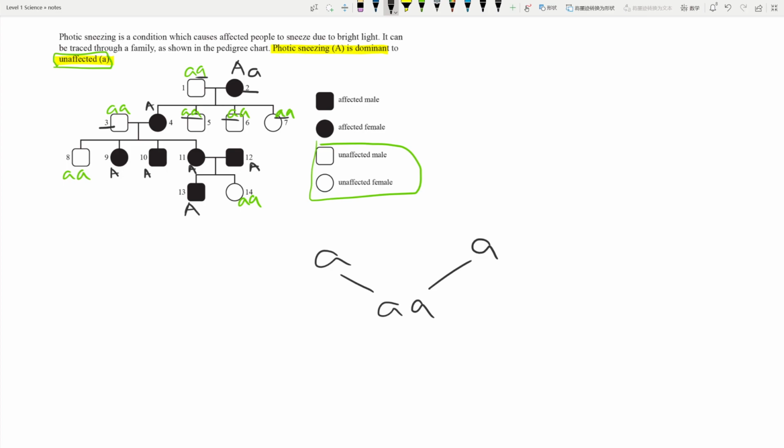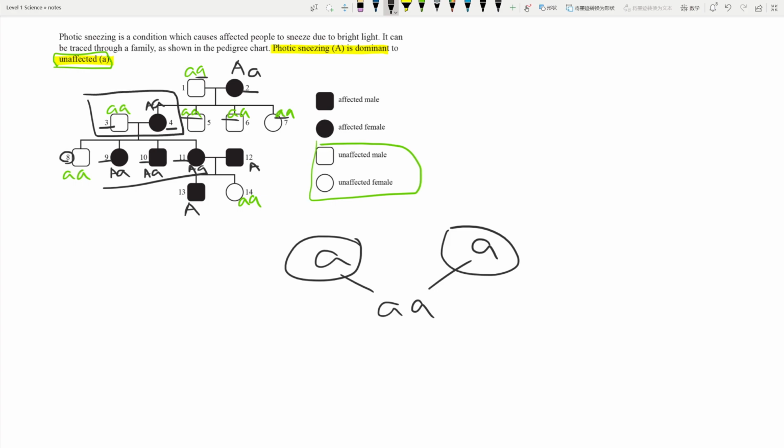And then if you look at number 3, number 4, if you look at the children, number 8 is showing small a, so same thing, would have got this from one of each parent, so that means number 4 will be heterozygous as well. And you may go, how do you know that? Because if you look at who are they children of? Number 9, 10, 11 are children of number 3 and number 4.